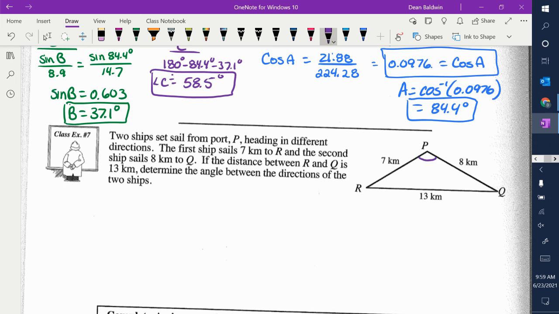Do we like RPQ? If you like it, you can use it, but we can relabel it ABC. What is A always? Your unknown. So that's A. And then B and C don't really matter, but we'll just write them out. So this is side C, this is angle B, and this is side A.